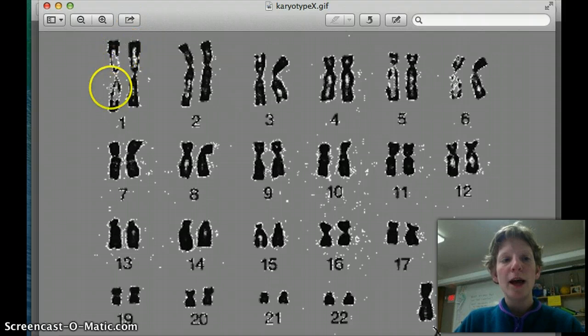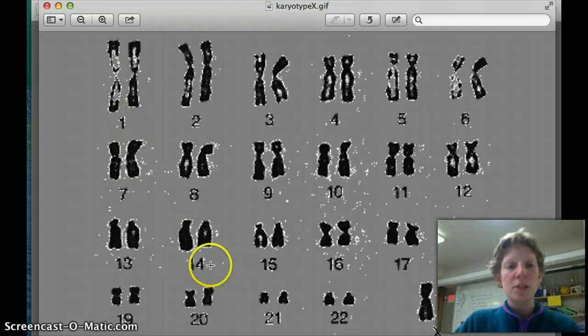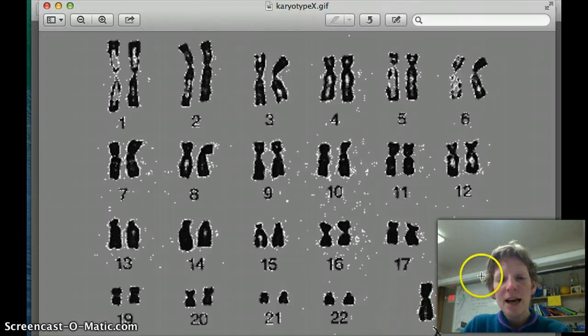As you can see in this picture, all of the 46 chromosomes are organized into pairs. Those pairs are arranged by their length, but you don't really need to know that. This last pair is a little bit different because it's not arranged by length. There's something weird about this last pair, which we'll get to in a minute.